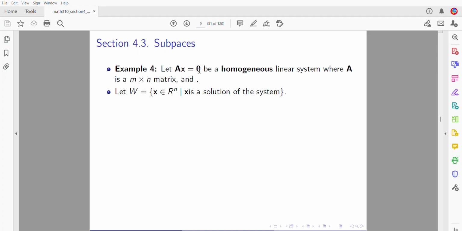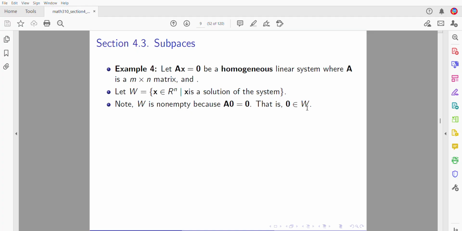That is, you are taking all the solutions of this linear system. Is it a subspace? Well, W is non-empty. That's the first check you have to make. Why is it non-empty? Because the 0 column will always satisfy this. Any matrix times the 0 column is the 0 column. So the 0 column vector is in W.